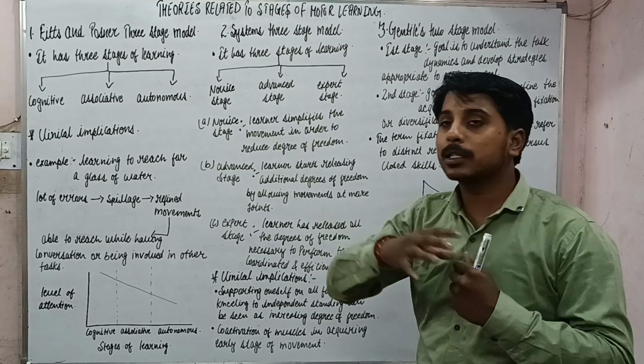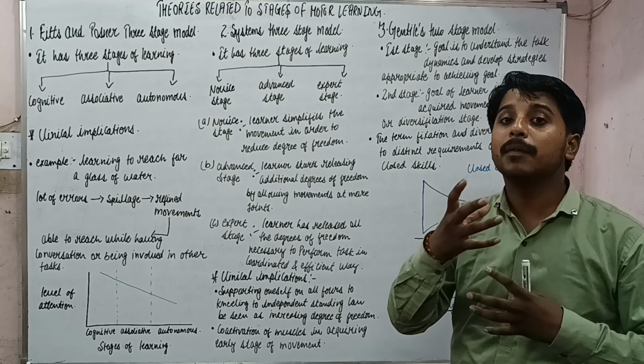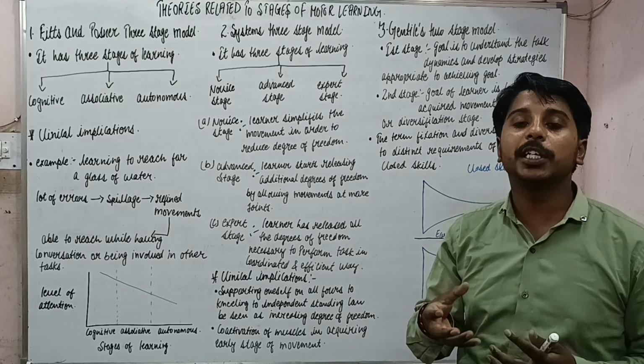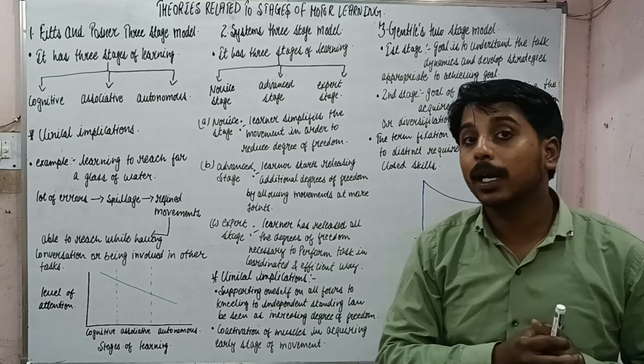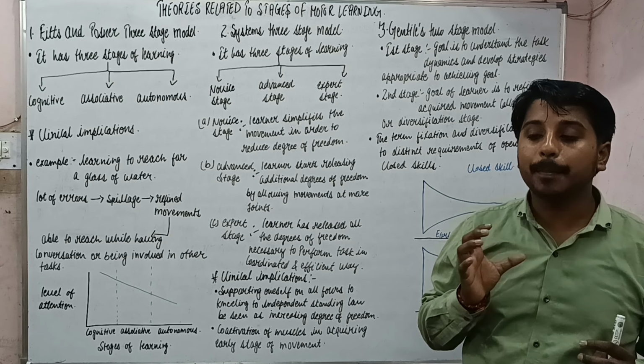In the first stage, which is the cognitive stage, the individual will decide which strategy of movement he or she will use to pick up the glass, and the movement will be slow and in parts.